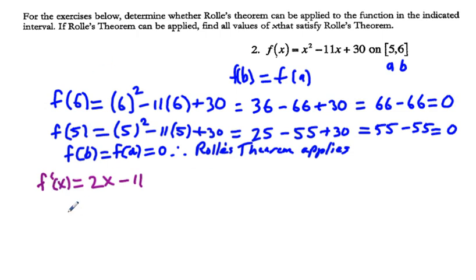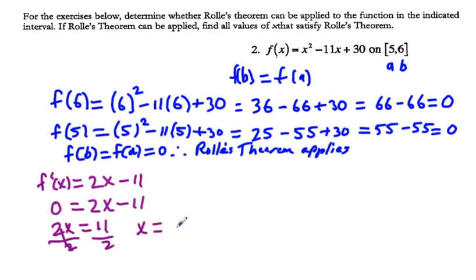That's Rolle's theorem. So we replace f prime of x with 0, and we have 0 equals 2x minus 11. Solving for x, adding 11 to both sides, we get 2x equals 11. Dividing by 2, x is equal to 11 halves, or in decimalized form, 5.5.